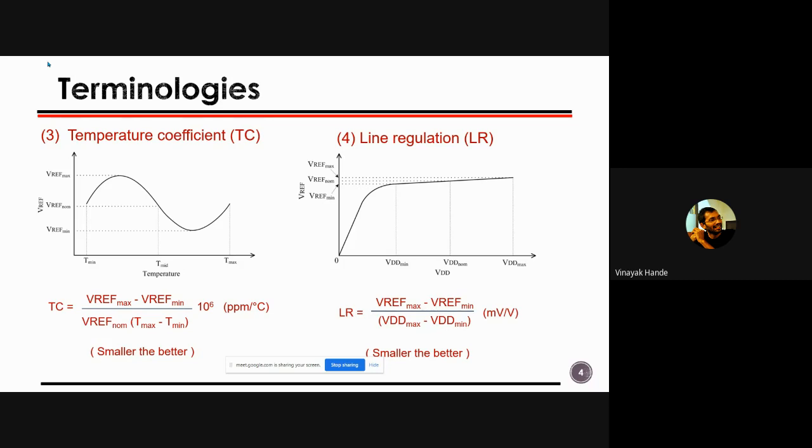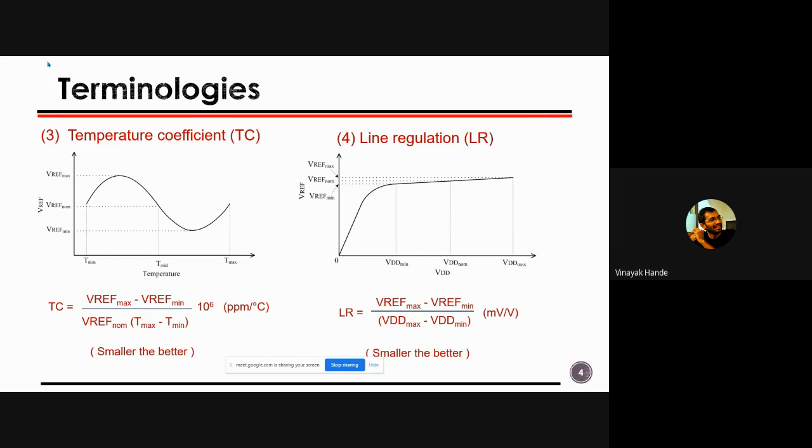First of all, what is meant by voltage reference? Voltage reference means some voltage which does not vary with temperature. In mathematical terms, dV/dT should be zero for that particular voltage. If dV/dT is zero, then I can say that the voltage is not varying with temperature, and we can call it a voltage reference, right?